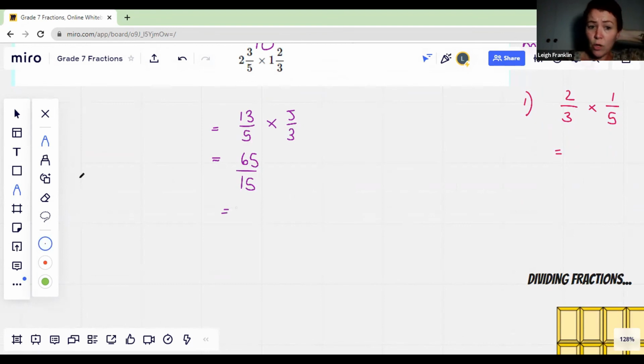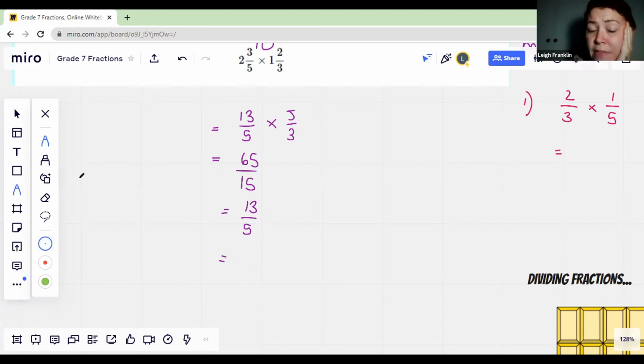Yes, indeed we would. Okay, so what can we divide the top and the bottom by? 5. We could divide it by 5. Then we would end up with 65/15. That's it. So 65/15 is correct. That would give us 13/5.